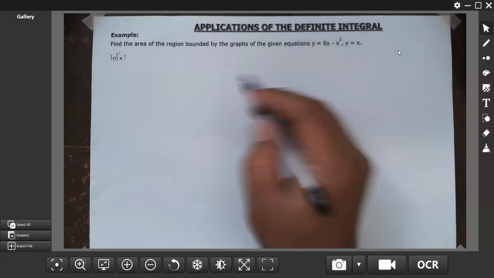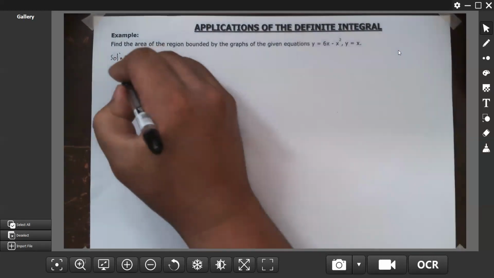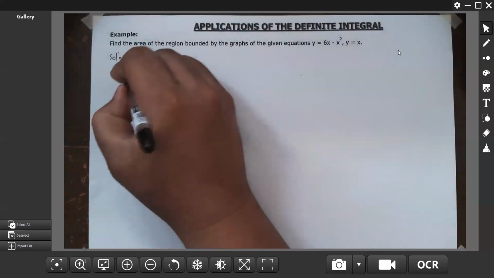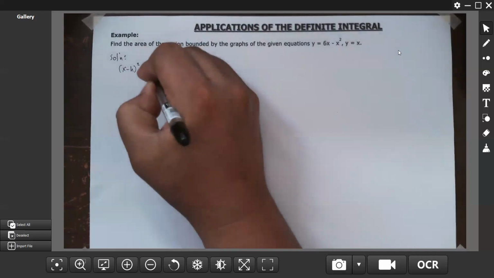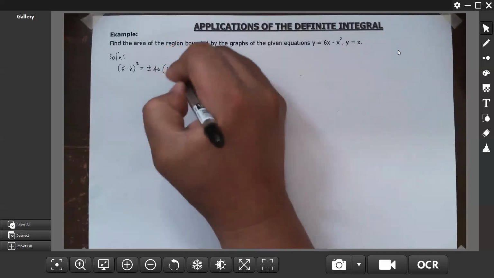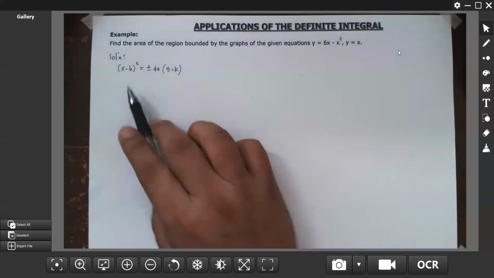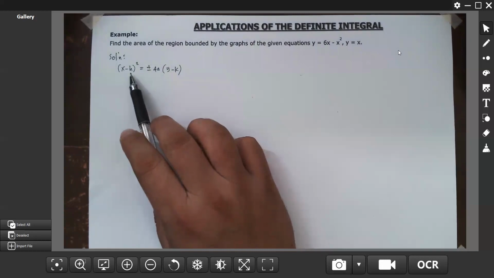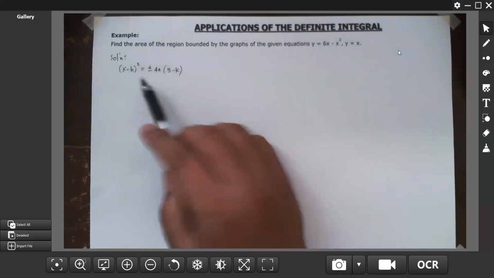The standard form of a parabola for x squared is this: (x minus h) squared equals 4a times (y minus k). This is the standard equation of a parabola opening one way, upward or downward.